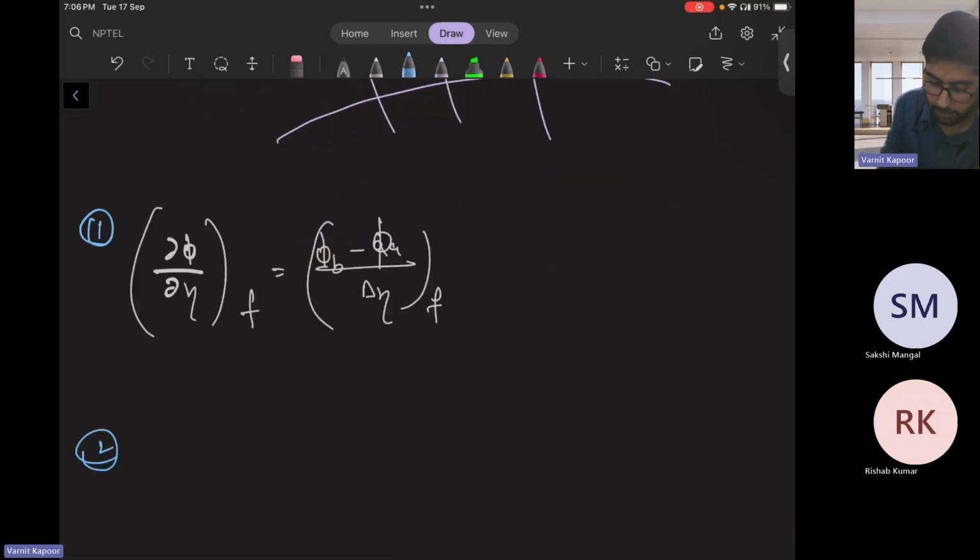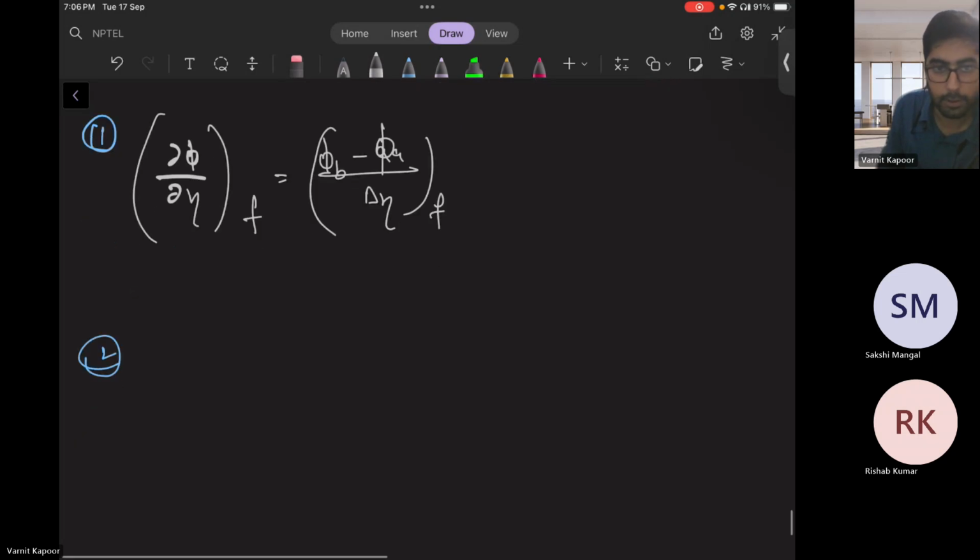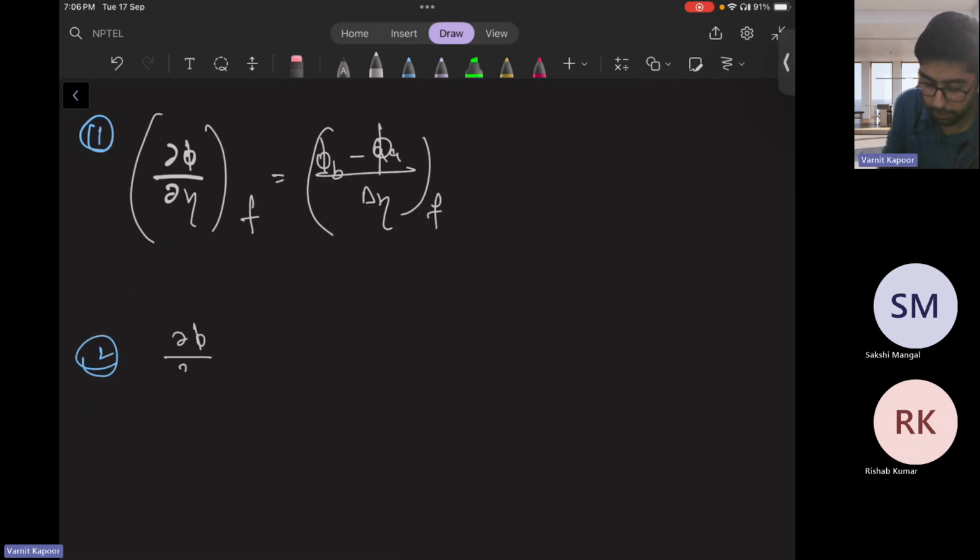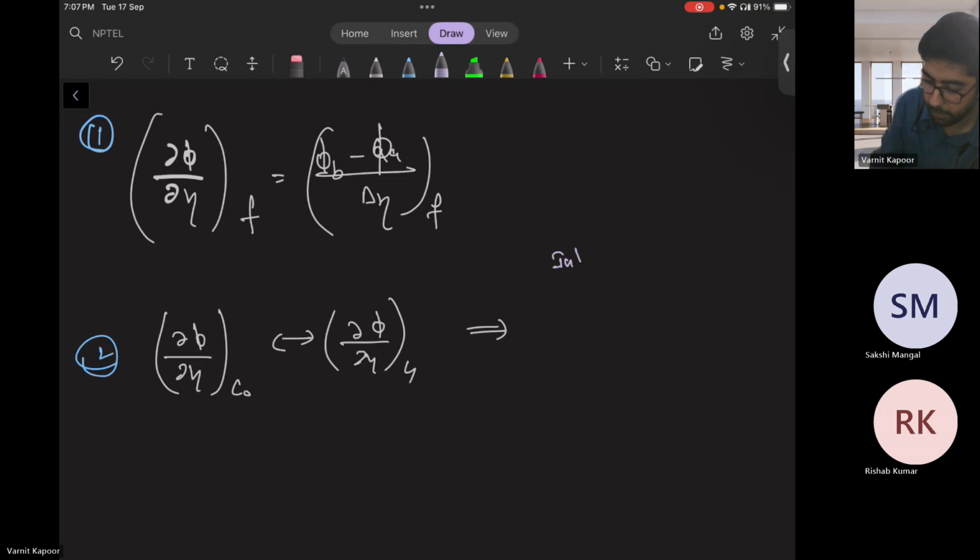Second way is you can get dou phi by dou eta at the cell centroid C0 and dou phi by dou eta at cell centroid C1 and then interpolate to get dou phi by dou eta at that face.